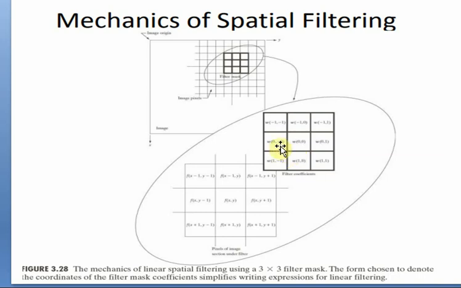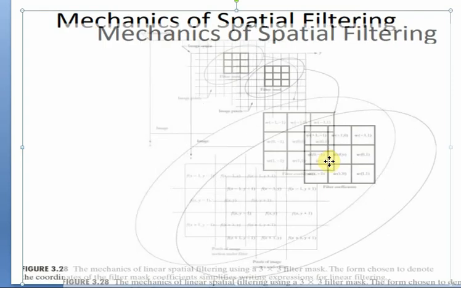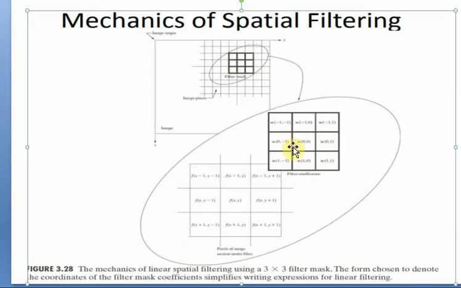Here also, to get the output image, we perform different operations. We develop this mask like a system, and the system is placed on the particular image, where we may use different operations: multiplications, additions, and also shifting of the mask.